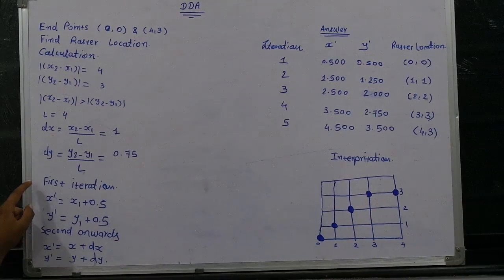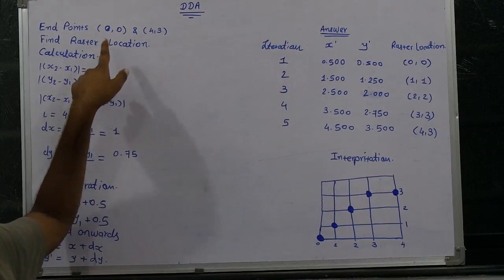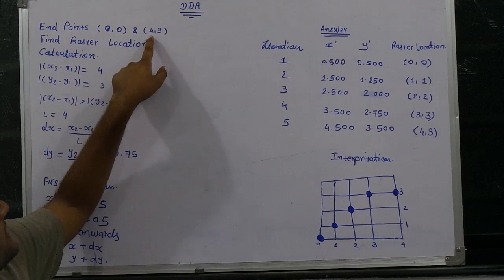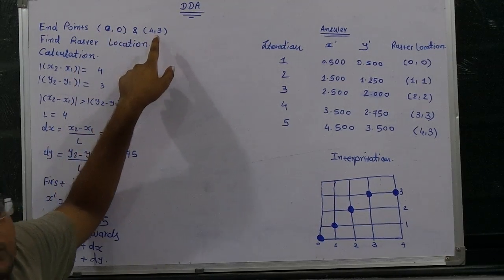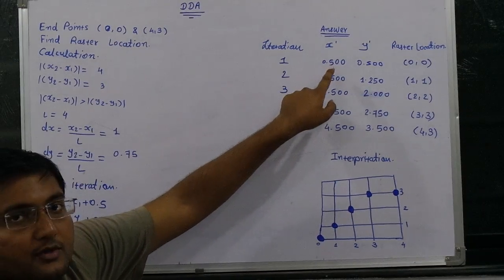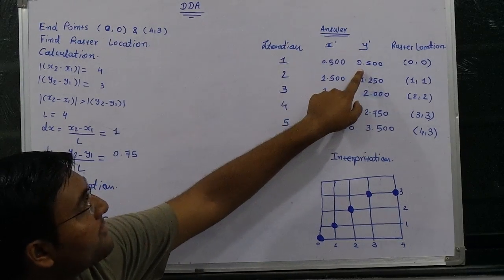In the first iteration, x1 means 0 and y1 means 0. What is 4 and 3? x2 and y2. So 0 is incremented by 0.5 and also y1 is incremented by 0.5.